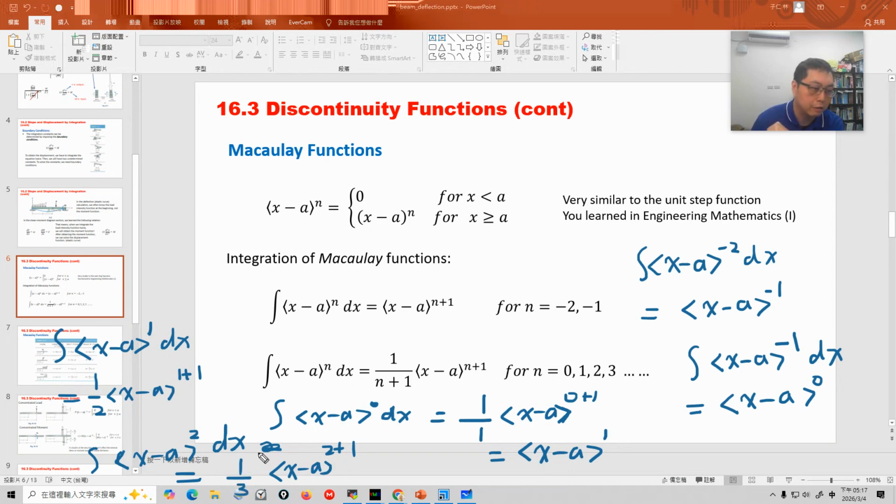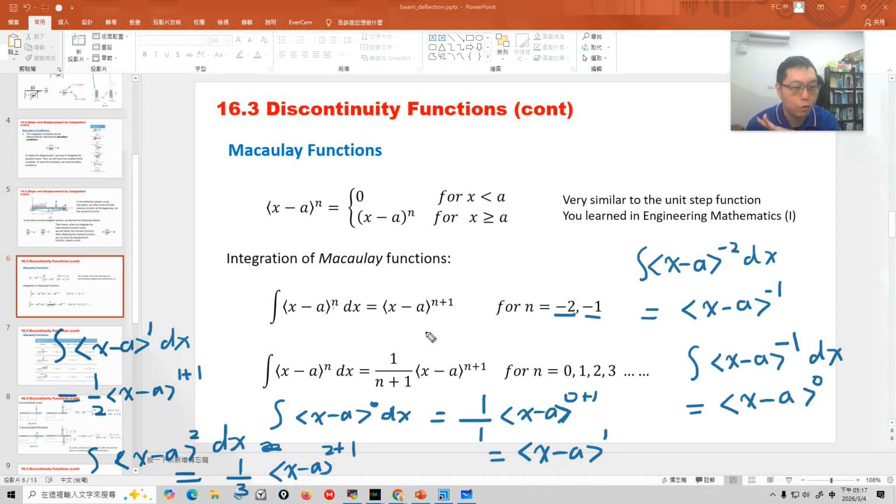You see, this is exactly the same as in calculus. But be careful: when your n is -2 or -1, the integration rule is different. This is a rule you have to follow.